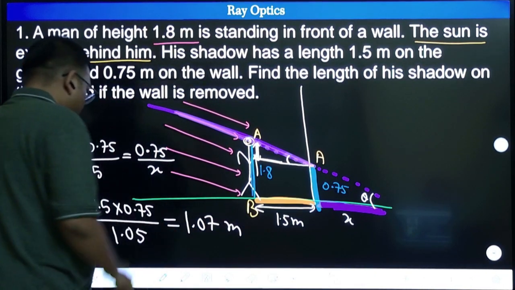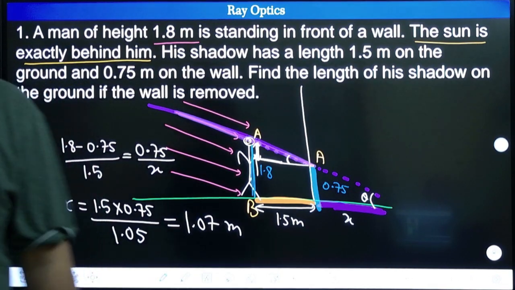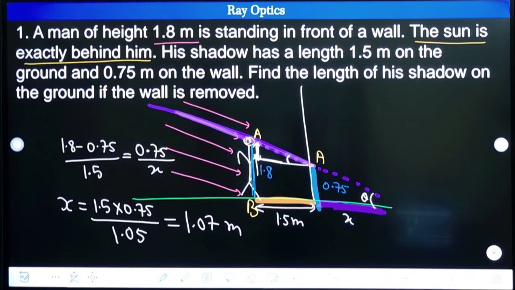Check this calculation. 1.5 multiplied with 0.75 divided by 1.05.